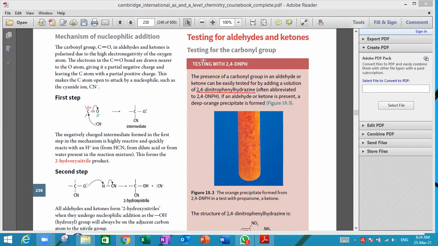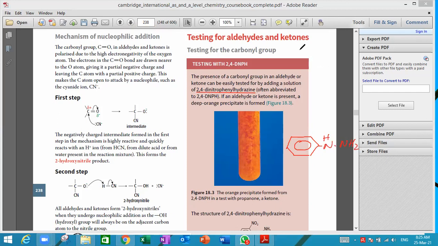You are not supposed to know the structure of the 2,4-dinitrophenylhydrazine, but you should know how it reacts with aldehydes and ketones. So this compound, which is a reagent only used to test for carbonyl compounds, aldehydes and ketones, is called 2,4-dinitrophenylhydrazine. Of course, phenyl means benzene ring, as we said before. When the benzene ring is a substituent, we call it phenyl. And hydrazine means that we have NH, NH2.